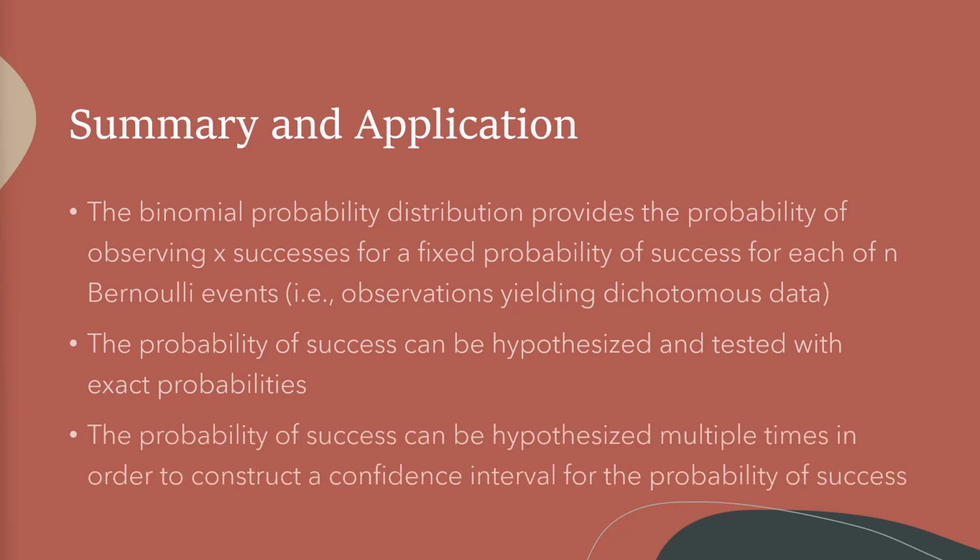The probability of success can be hypothesized multiple times in order to construct a confidence interval for the probability of success. These last two bullets suggest what's coming next in this series, where we're going to test a hypothesis using the binomial distribution, and then we're going to construct a confidence interval using the binomial distribution.